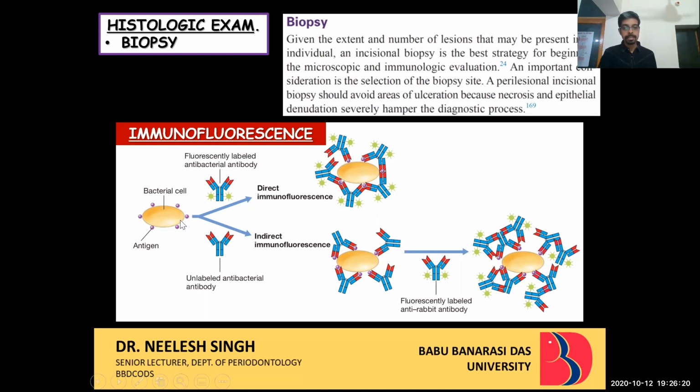Now, in the second type, that is indirect immunofluorescence, the antibody which we are using is not fluorescently labeled. Basically, this is an antibacterial antibody. We mix this antibody with the bacterial cell contents, and this antibody will bind to the antigen and form a complex, but it cannot be seen because there is no fluorescence. After this step, we add a fluorescently labeled anti-rabbit antibody.